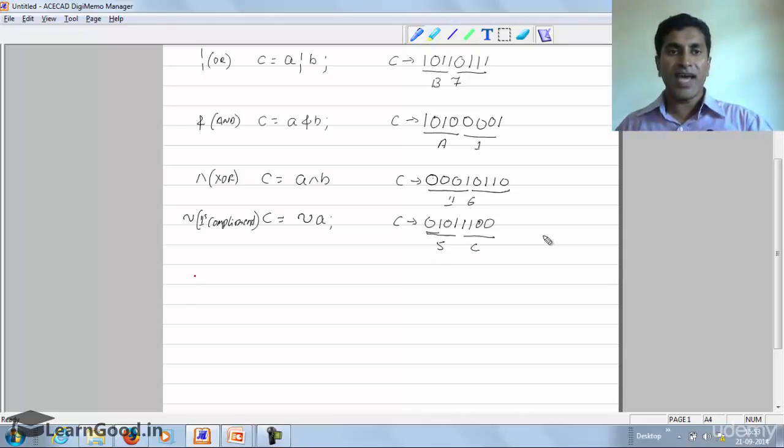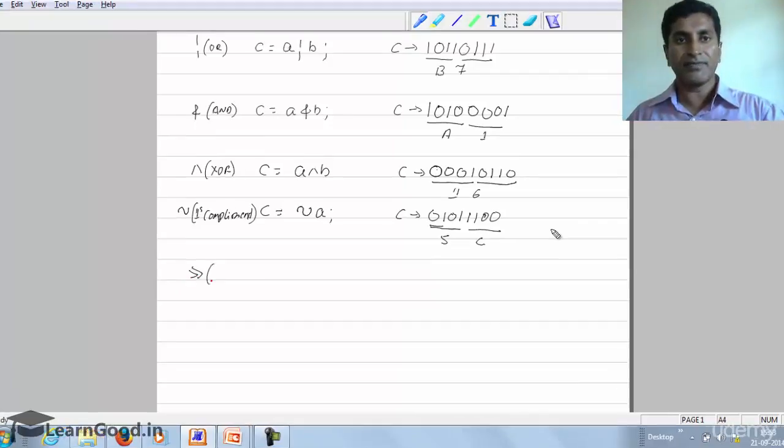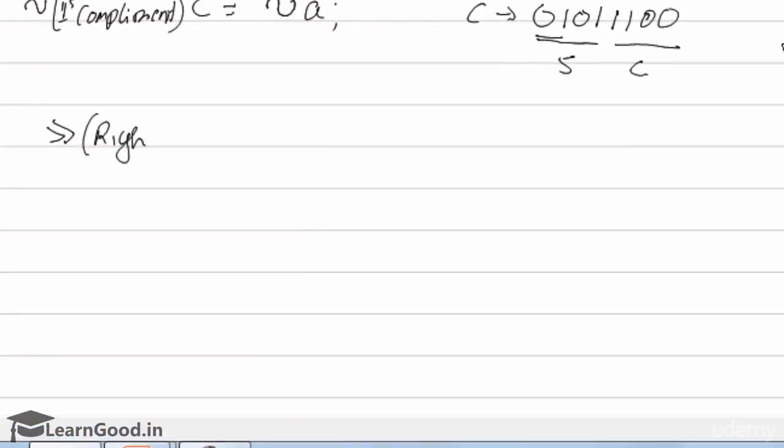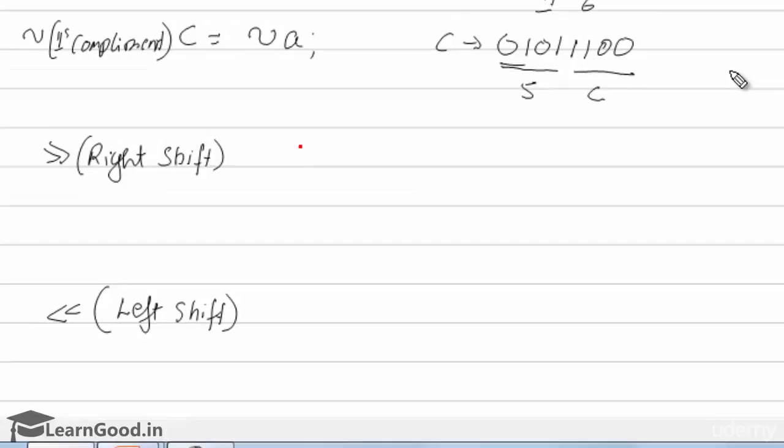The next one we have is the right shift, and the second one is the left shift. 2 less-than symbols, we call it a left shift bitwise operator. Fine, we'll apply here the right shift. C equals A right shift of 3 bits.